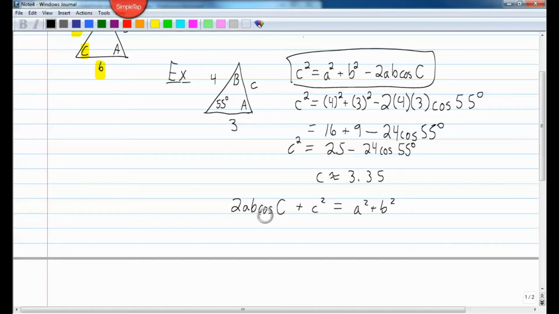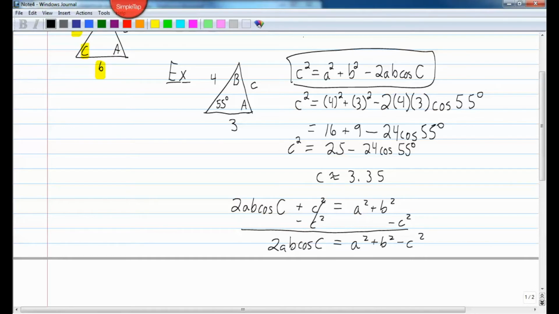Now, I want to get this term by itself. So I subtract c squared from both sides. So I have 2ab cosine of angle C is equal to a squared plus b squared minus c squared.